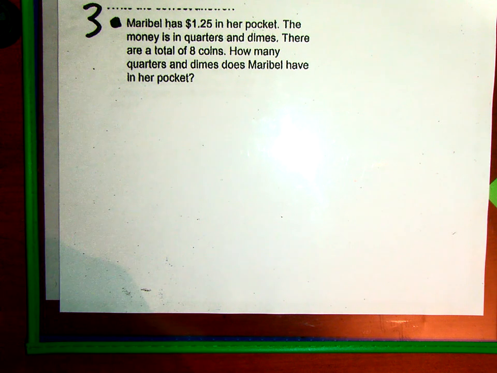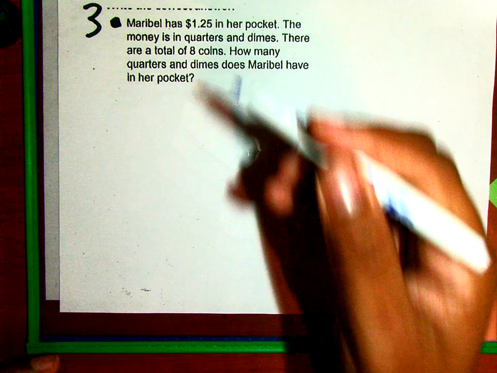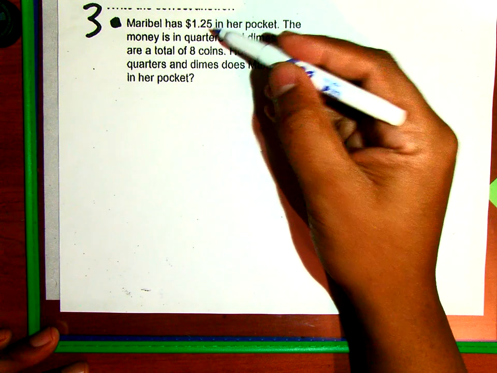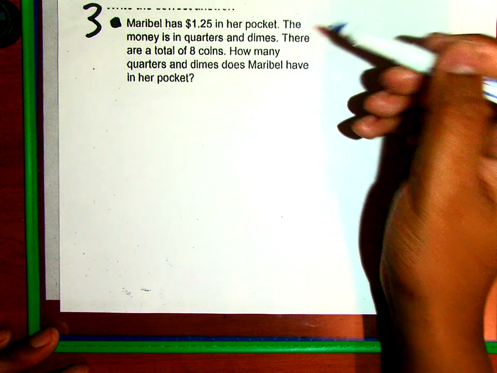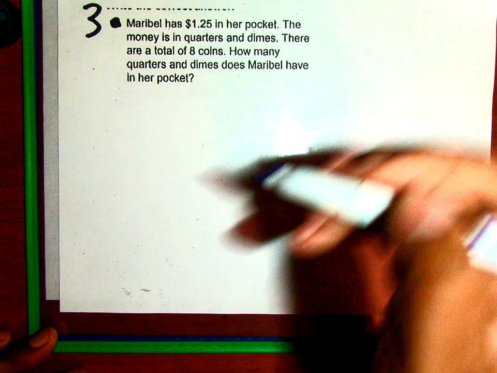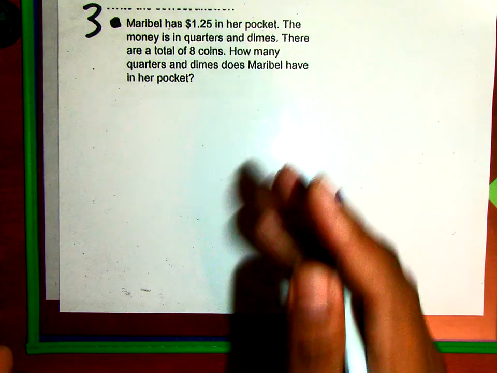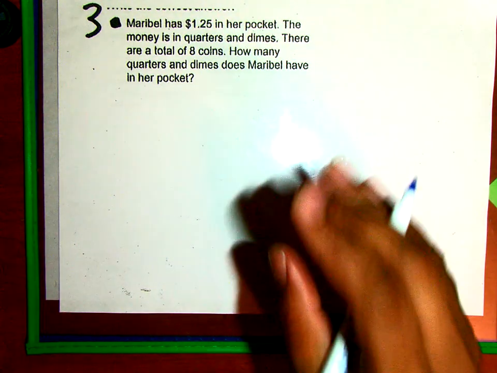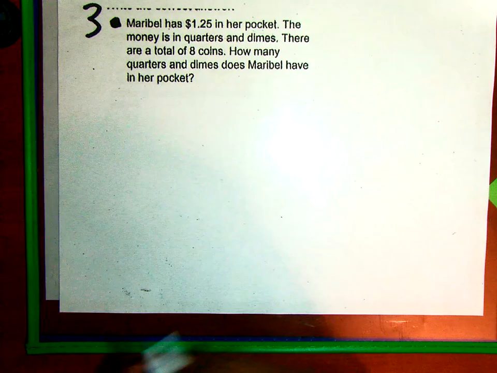Okay, so you've got two equations that you have to have for a system of equations, and what we're looking at is two totals. We've got 125 is the total amount of money in a pocket, and how many coins is in a pocket, which is 8. So we have the two totals, the actual amount of things or money that it adds up to.